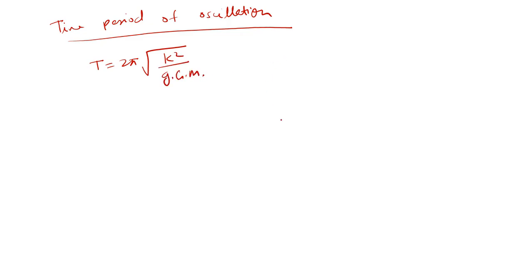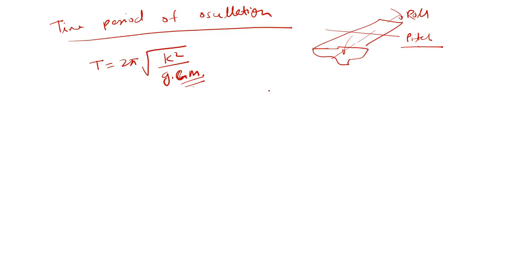So for the ship case, there will be two time periods of oscillation, one about roll and one about pitch. So respectively we'll put GM values. What is GM? GM is nothing but the metacentric height. So if we want to find the time period of oscillation about the pitch, then we'll put the GM pitch value.